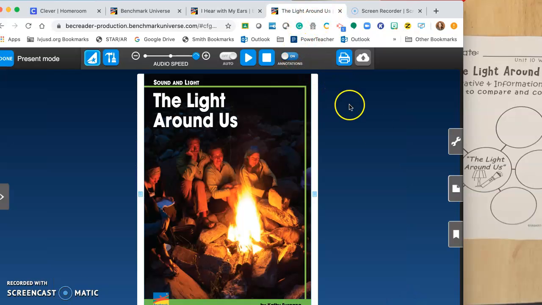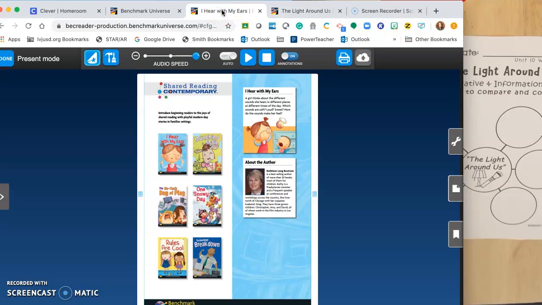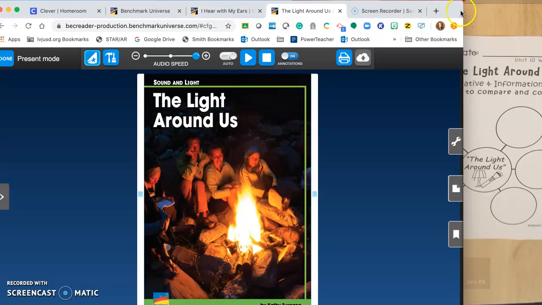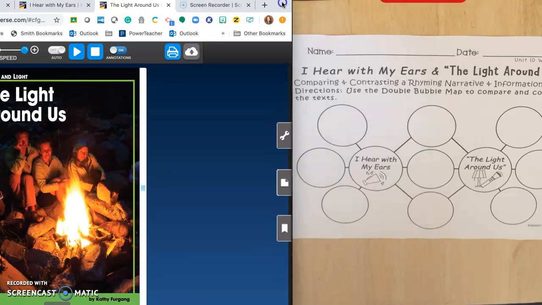Okay, now you guys, we're going to compare and contrast those two texts. So first, I'd like you to think about what genre these two texts were. Are they the same or different? Think about that. Where are you going to put it on your double bubble map?